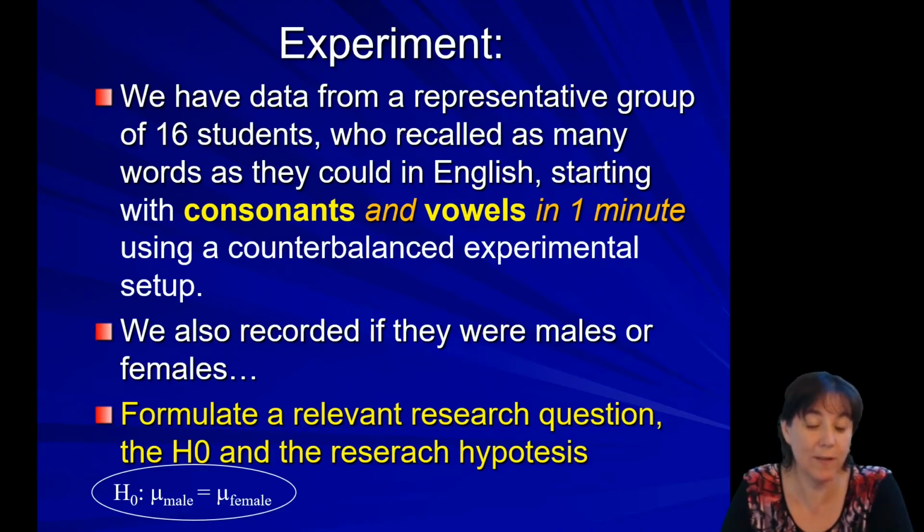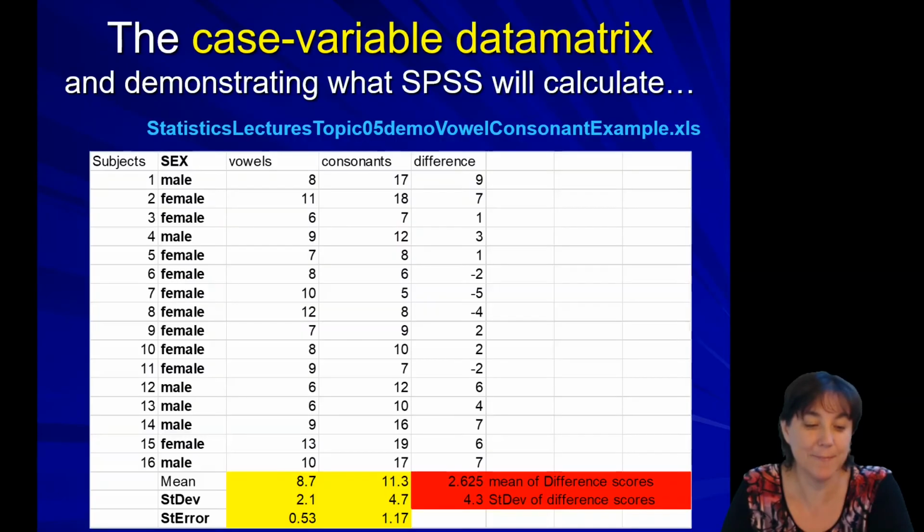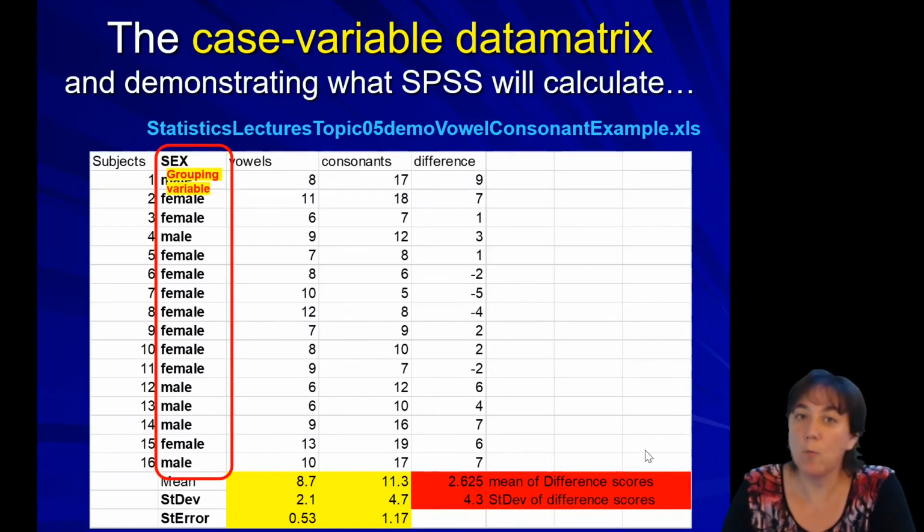What is your assumption? We can have, again, a case variable data matrix. This is the same Excel example I showed you before, but we also have this variable noting whether they were males and females.